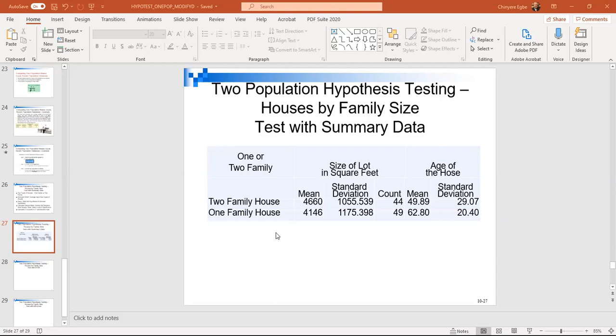For one family houses, X bar is 62.8, and the standard deviation is 20.04. So we're going to write that down and go through the steps.